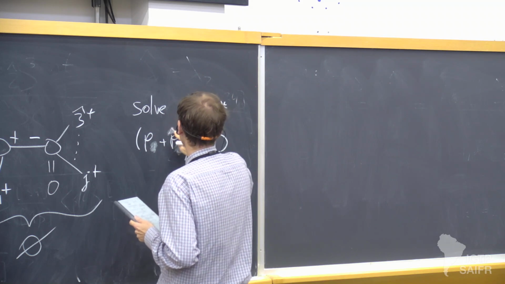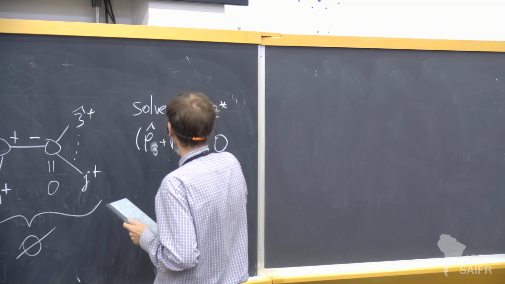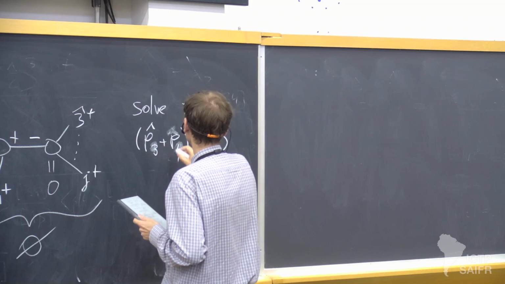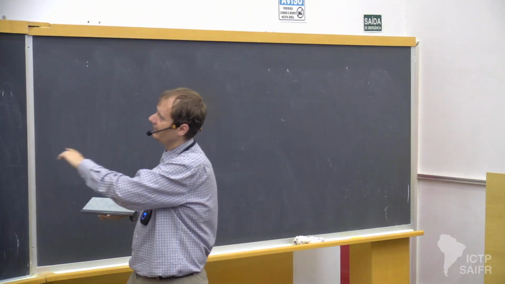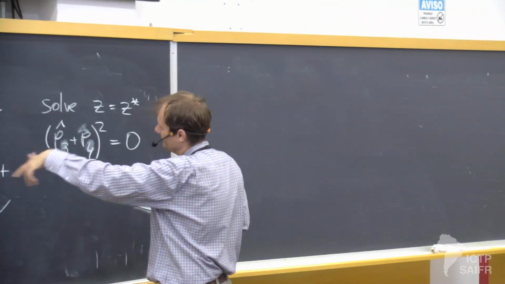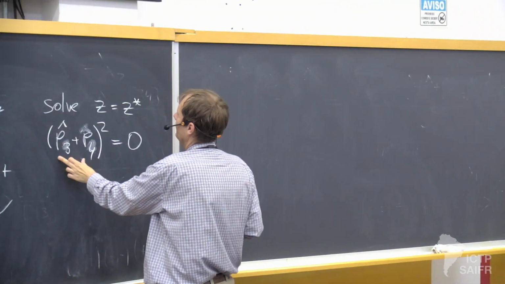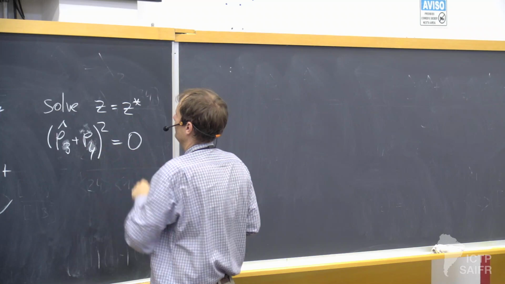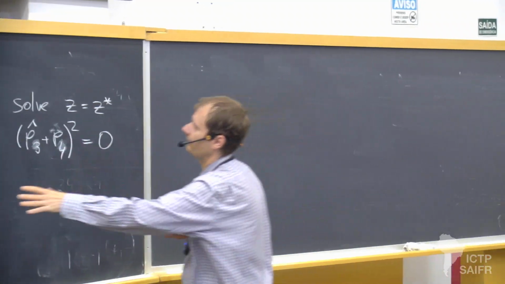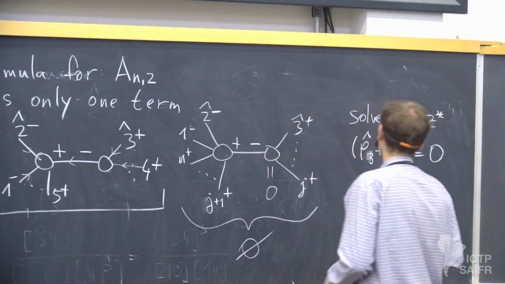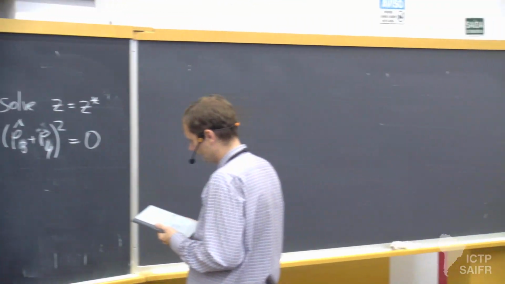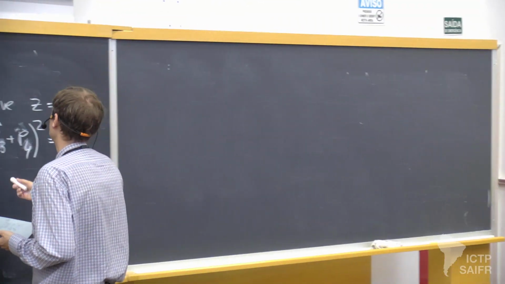So the condition is actually P3 plus P3 hat plus P4 square is 0. This was the same condition we had there, because in that case, this was equal to P1 plus P2 hat. Here it's important to take this version, because this is now not equal to the sum of these two momenta. It's equal to the sum of all these momenta.